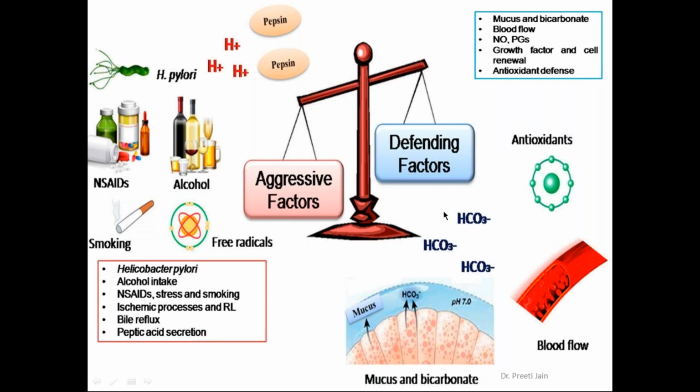So you can see that in the defending factors, you have the gastric mucosal membrane or the diffusion barrier, which helps in defending against the auto digestion. And these are the predisposing factors, the aggressive factors, for causing peptic ulcer.